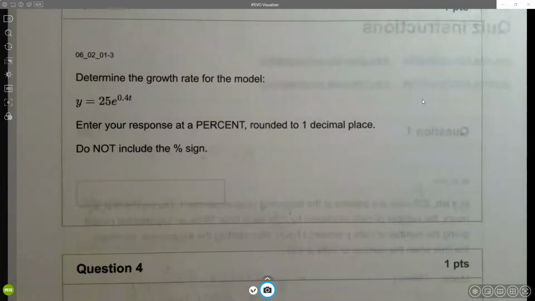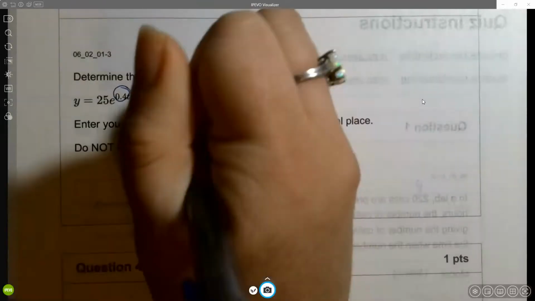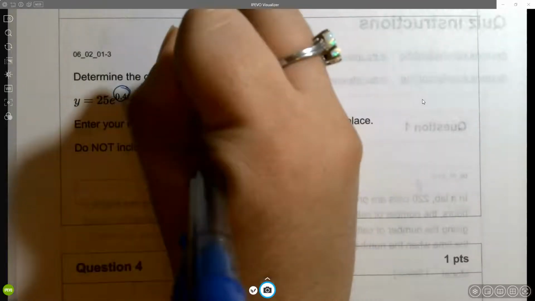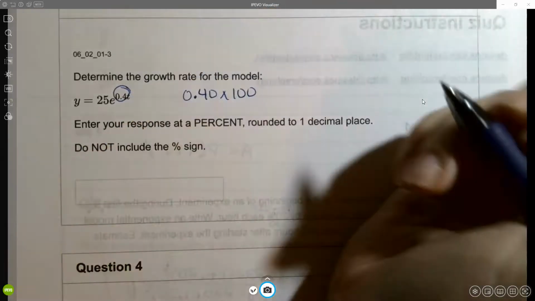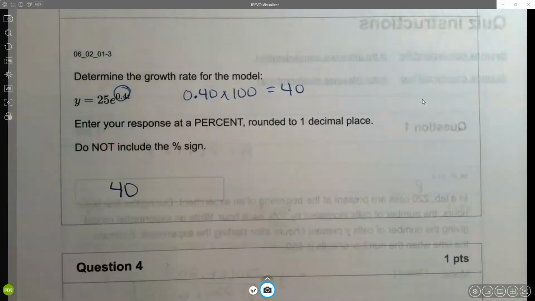Number 3 wants me to determine the growth rate for the model. The growth rate is always this, and then remember this is a decimal, so I have 0.4, and I want to multiply by 100 to turn it back into a percent, which will give me 40.